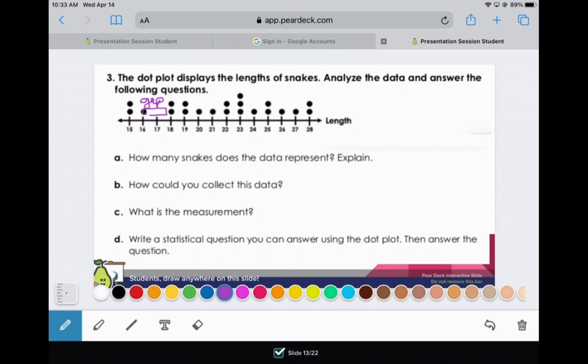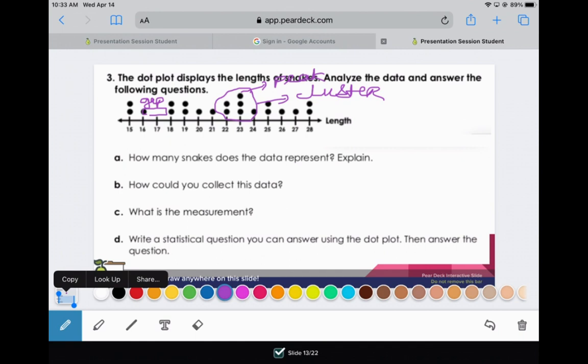Now, the cluster is the one that's around the peak. In this case, I know the peak is number 23. Peak is the one with the highest, right? So the cluster is the one around it. So that would be the cluster. Cluster is the group around the peak. The peak is the one with the highest.